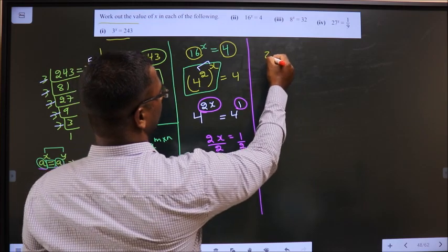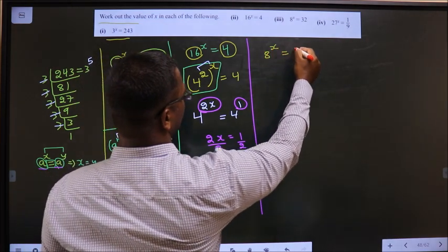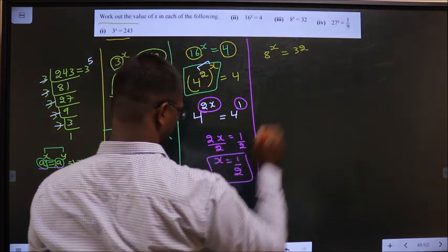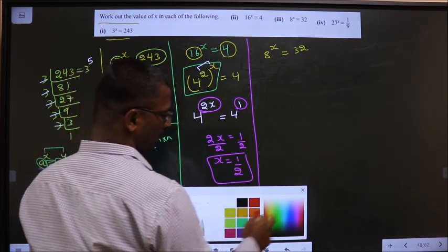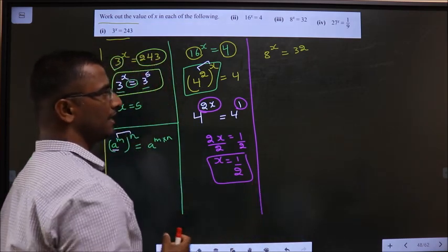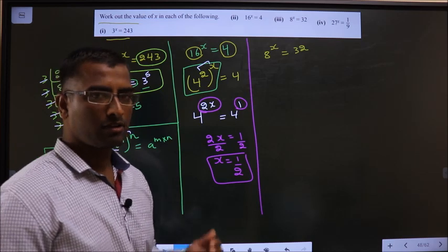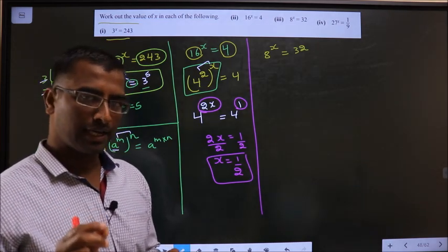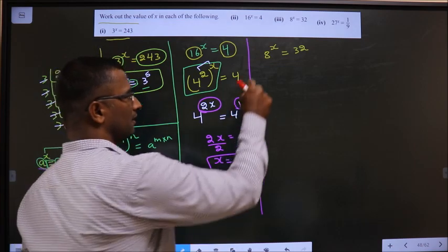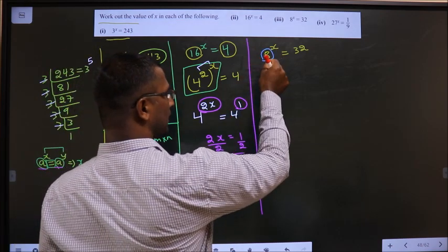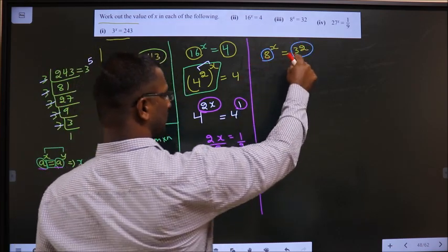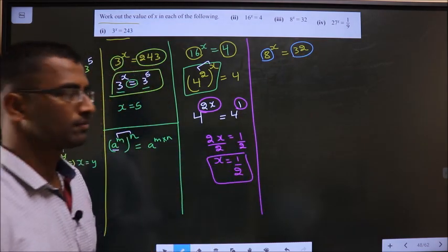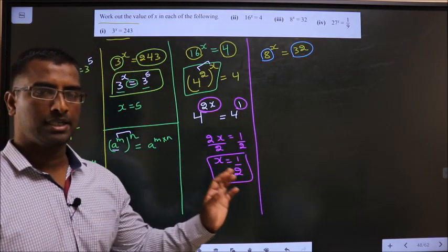is 8 power x equal to 32. Here the idea you should get is, how can I make both the bases same? And the idea is, make here the base to be 2 and here also make the base 2. I will make both the bases to be 2.